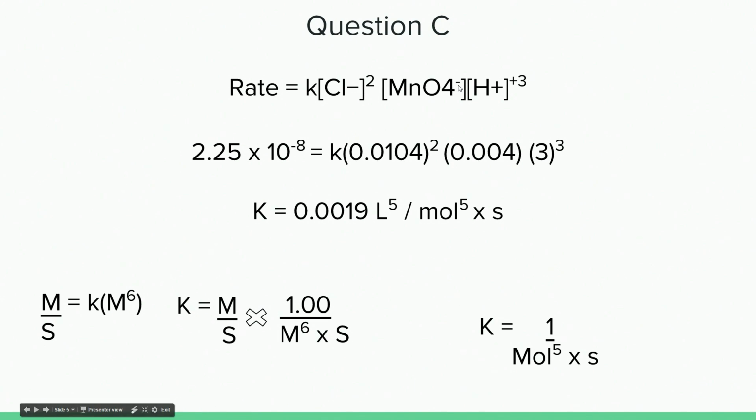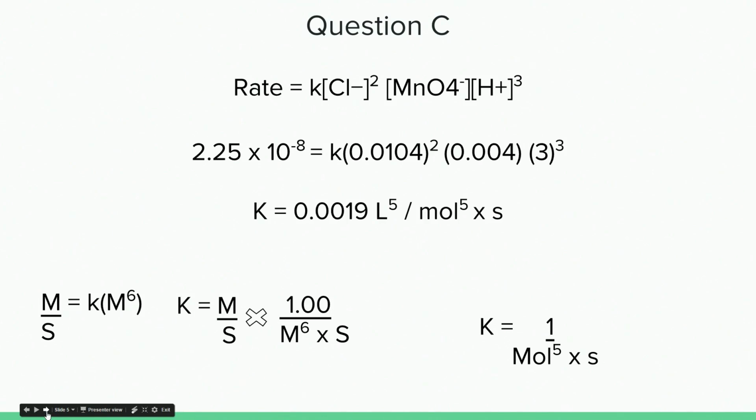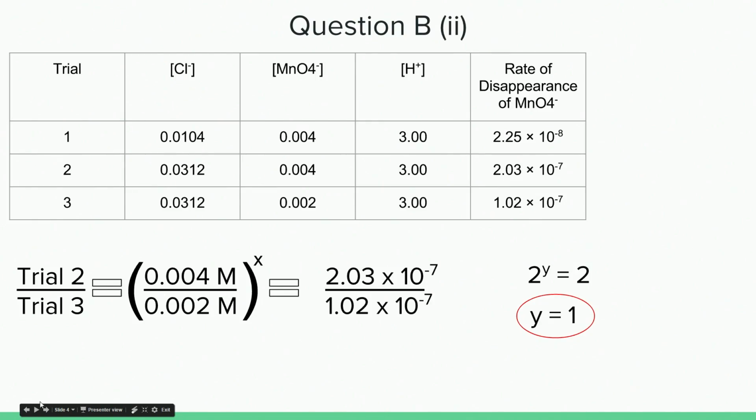The H plus exponent is 3 because, as you can see, all of them are 3, so we don't really need to do any calculations. To get the k value, we just have to plug in the numbers for one of the trials. I ended up doing trial number 1, and as you can see, I put 2.25 times 10 to the negative 8 on the left.